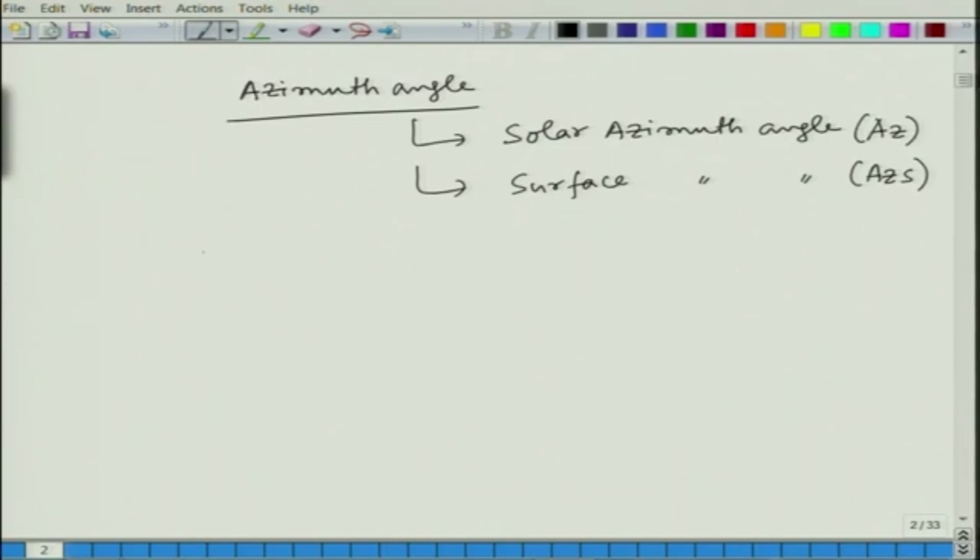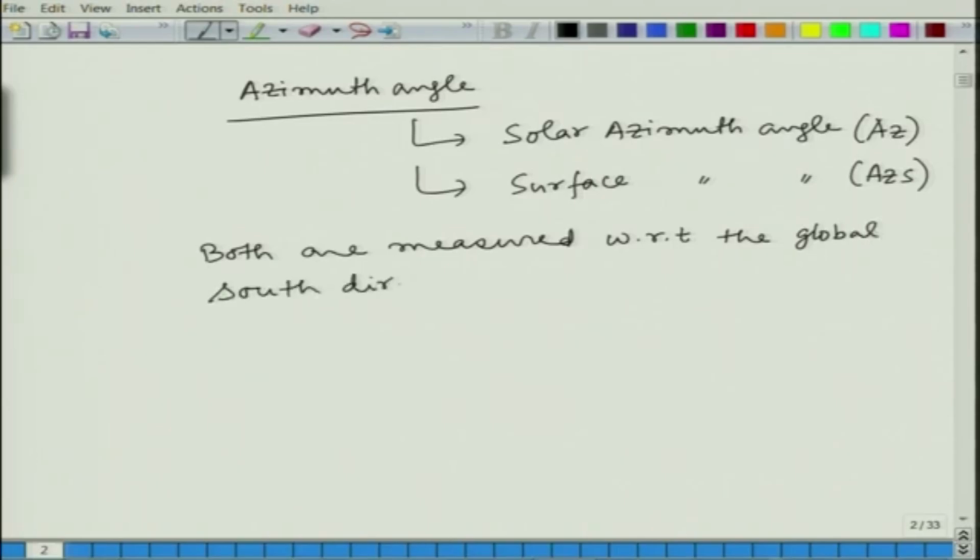For both of these, both are measured with respect to the global south. Okay.